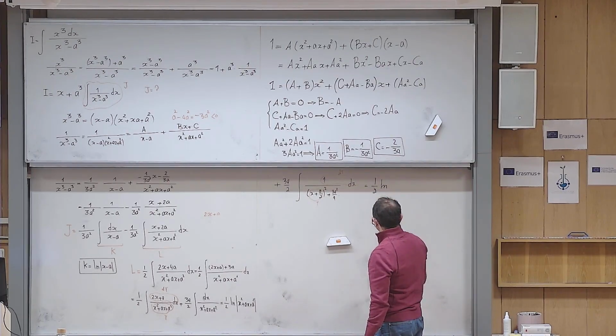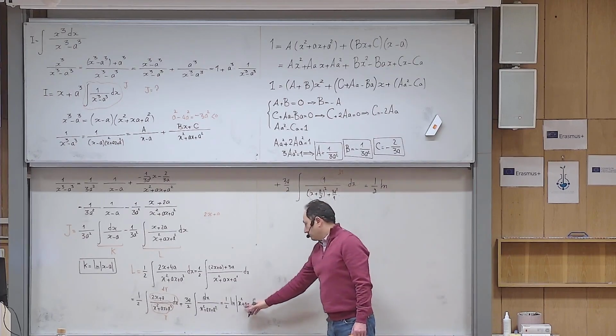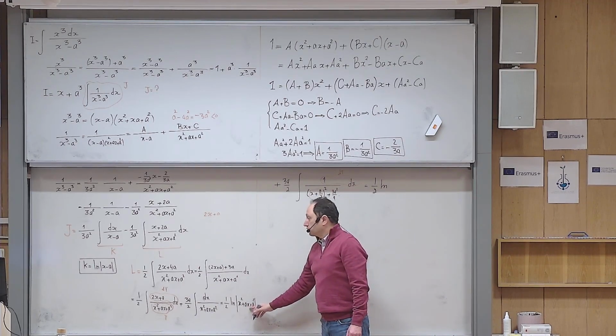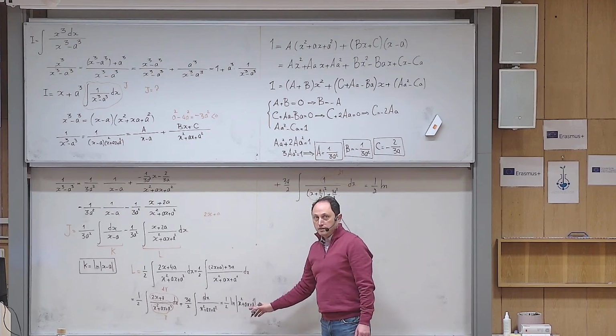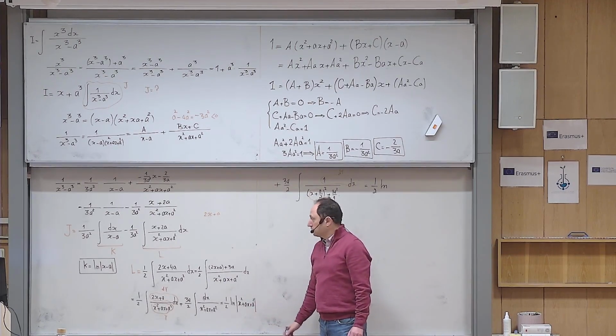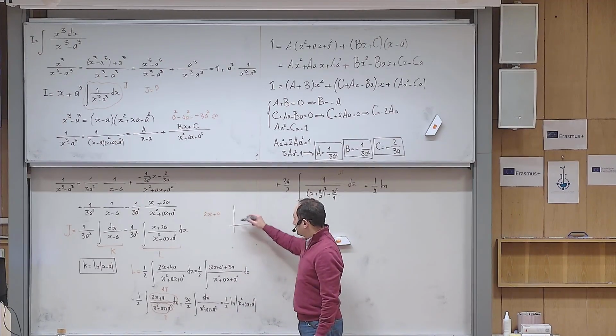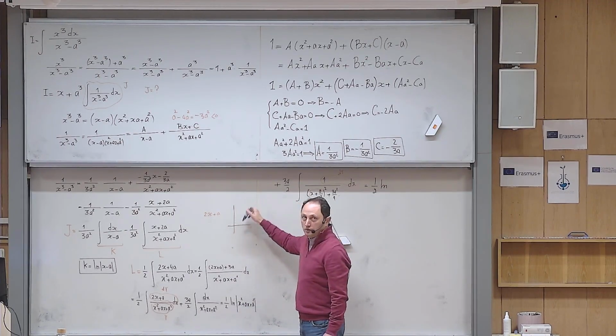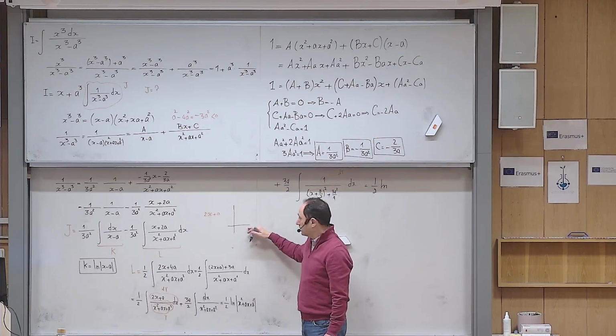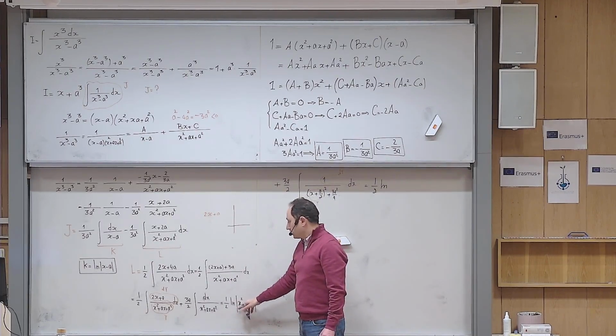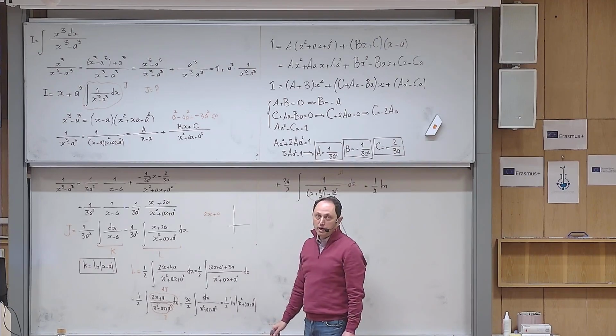sign here. Why? Because x squared plus ax plus a squared, the discriminant of this expression was negative, so it means there are no roots. But this coefficient is positive, so if you draw that, when there is no root, it means the parabola will not intersect the x-axis. And because this one is positive, it means my parabola has a minimum.